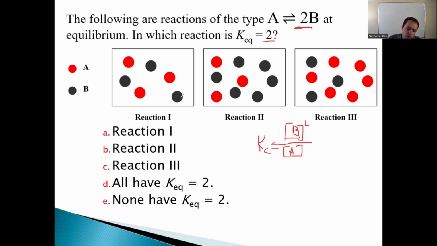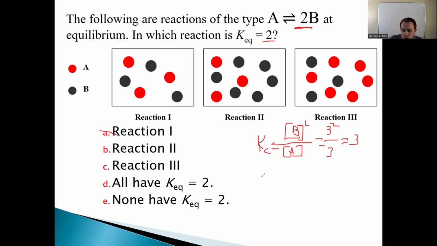For reaction 1, that would be 3 squared over 3. That's 9 divided by 3, which is 3. So that is not 2. It is not reaction 1.